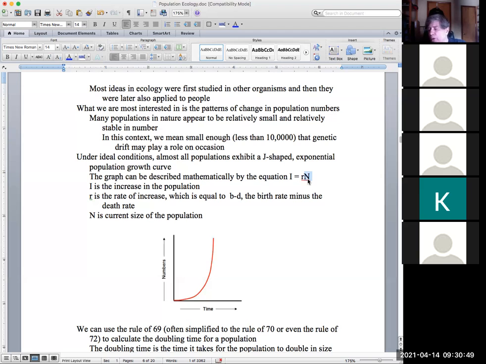Now notice with animals, it's much easier to measure birth rate and death rate accurately than it is with people, just from the point of view that with people, there can be something like COVID-19, which increases the death rate.